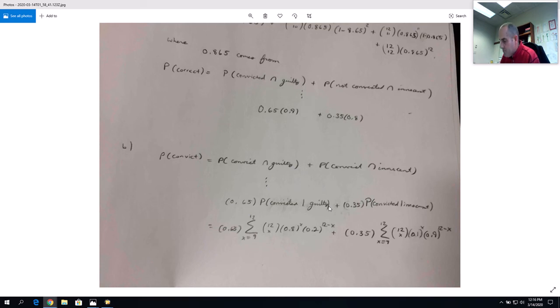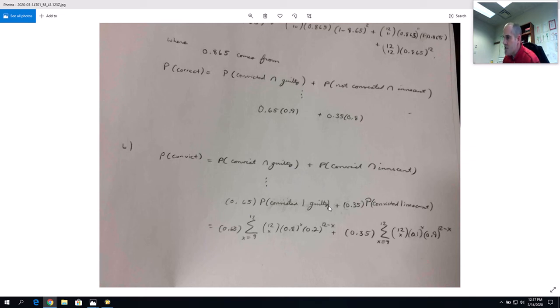Okay? And it seems to me that that second summand, the probability of an acquittal and being innocent, well, that's going to be the probability of being innocent, which is like 0.35, times the probability of acquittal given that the person on trial is innocent.